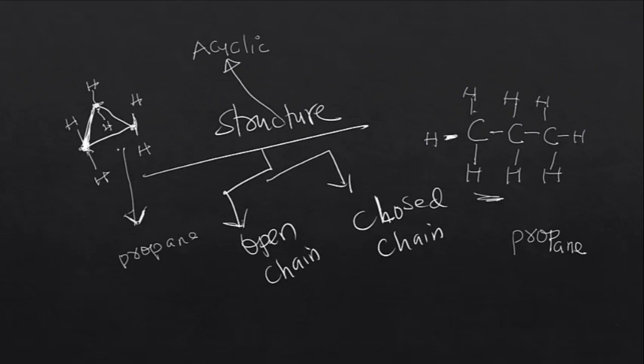So why did I say that this one is a closed chain compound? Because the atoms are linked together in a closed chain. Therefore, structurally, it belongs to a class of organic compounds called cyclic. Cyclic. That is to say that based on structure, an organic compound can be acyclic or what, somebody?